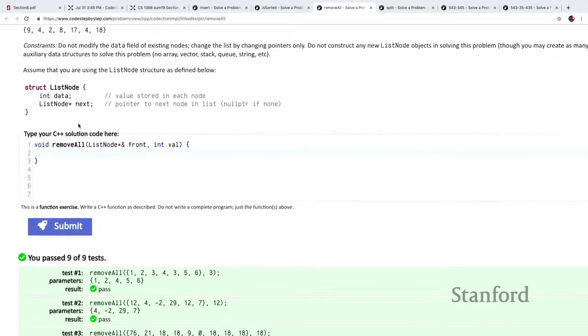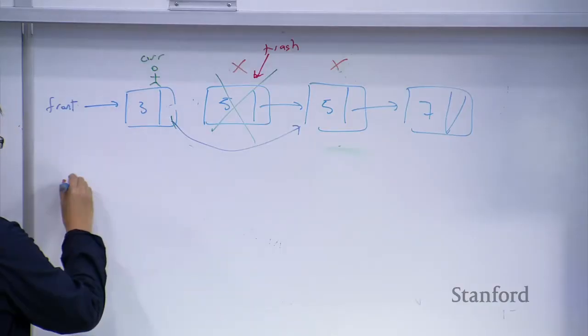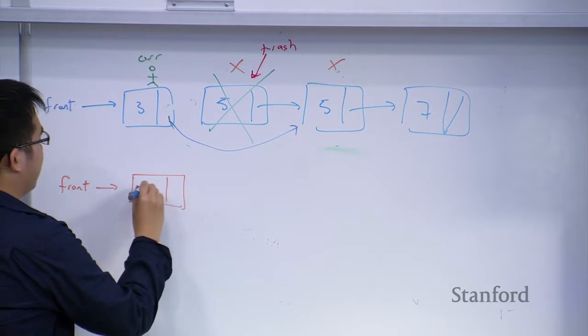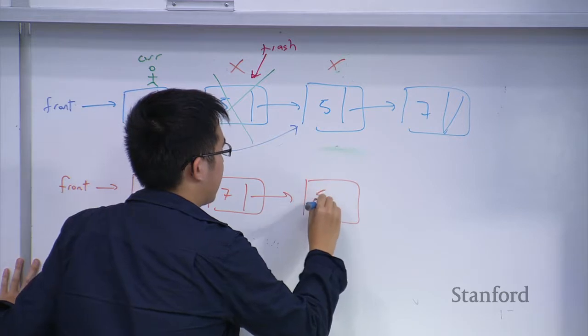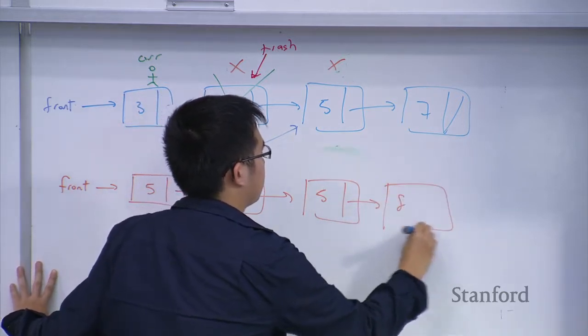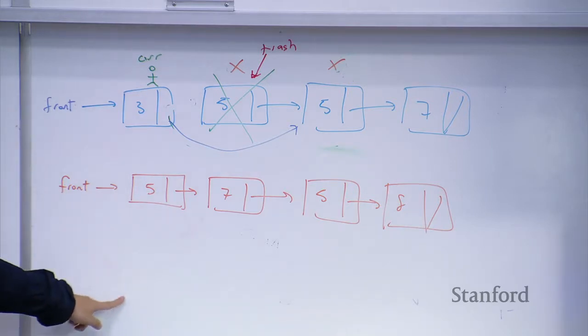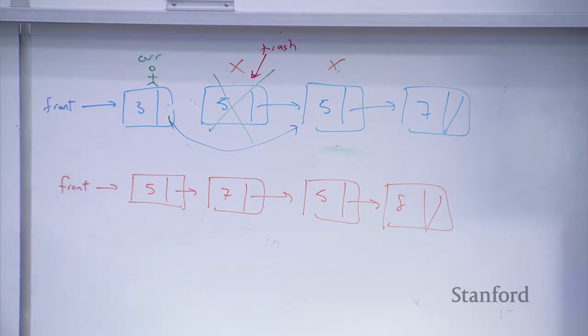Linked list questions are good to do recursively because if you just look at a linked list, it itself is very self-similar. Say 5, 7, 5, 8. Specifically, what aspect of it is self-similar? If I told you this is a linked list, can you find a smaller linked list within this large linked list?